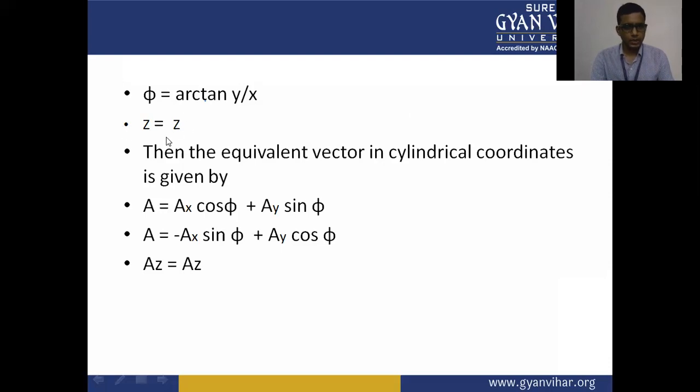And z is equal to z, the same, because there is no change in the z coordinate.